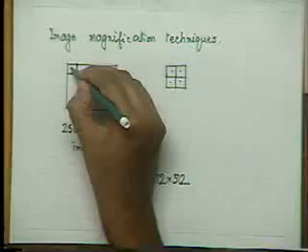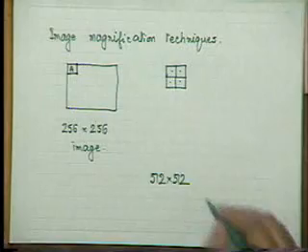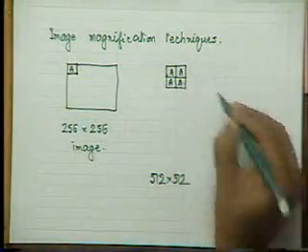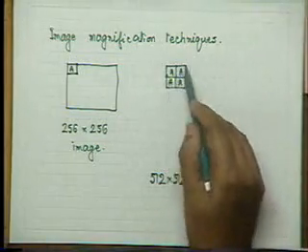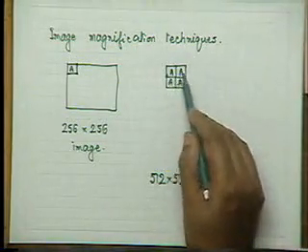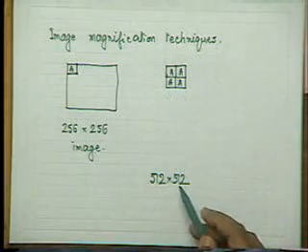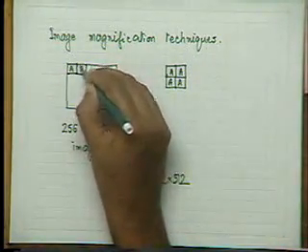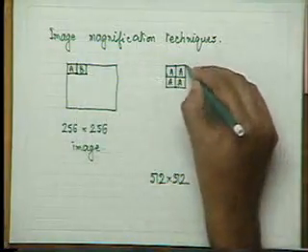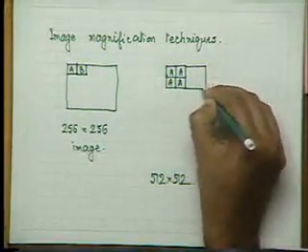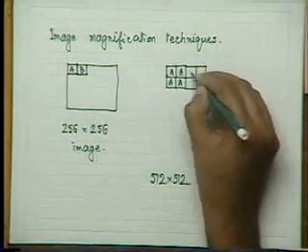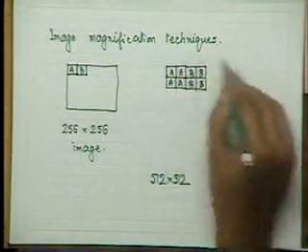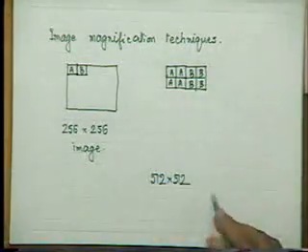If this pixel is having intensity value equal to A, his suggestion is that in the enlarged image this 2 by 2 space will be filled up with intensity A, and then if the next pixel is having an intensity value B, that will be written as follows. All the 2 by 2 pixels over here will be written as BB.